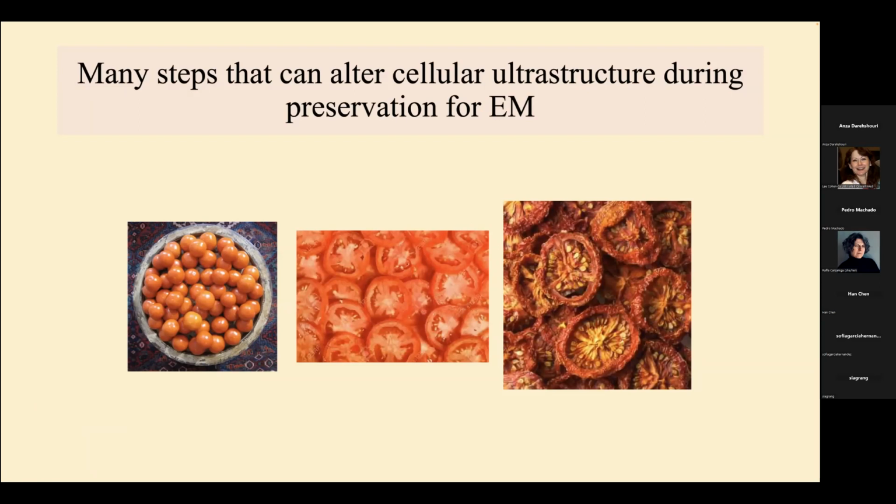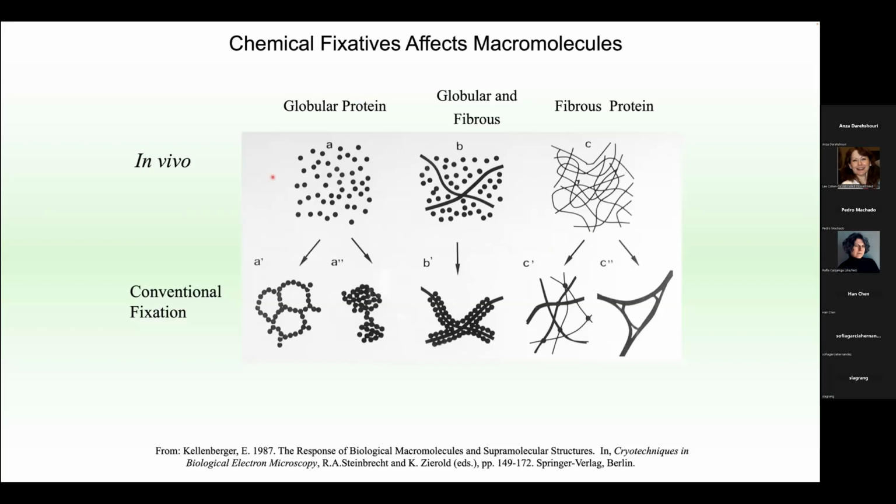If we look at the example here, by the time you run through your chemical fixation process, you no longer have a pristine sample. You've compromised that sample in many ways through the fixation and then ultimately through the dehydration processes. And just to illustrate that, Kellenberger has a nice work done on this from the 80s.